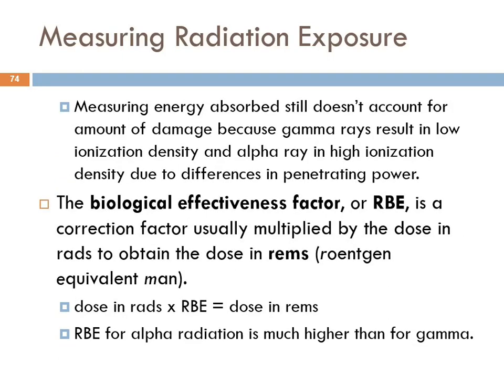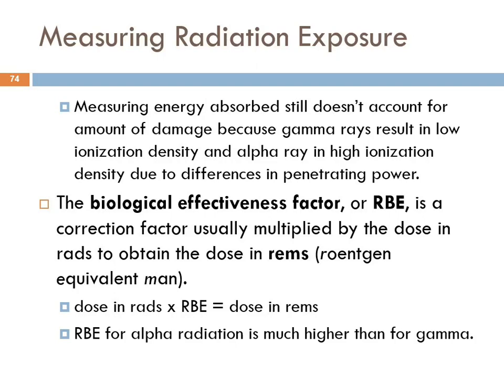But it still doesn't account for the amount of damage. It gives you the energy, but because gamma rays go through you so well, the damage they cause is spread out. Their energy is dispersed as they go through tissue, whereas alpha emitters do not penetrate, and so wherever they're releasing their energy, it's released in a more concentrated, more dense form.